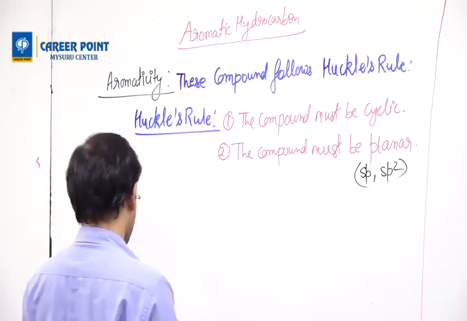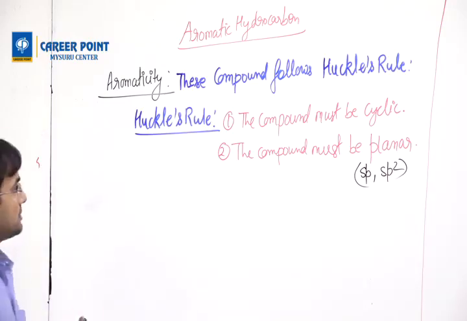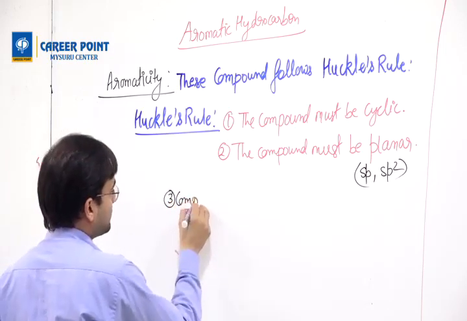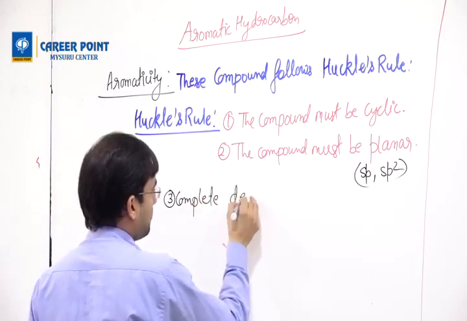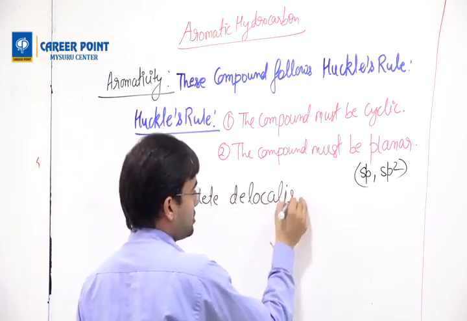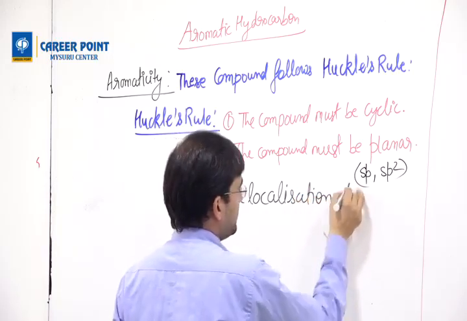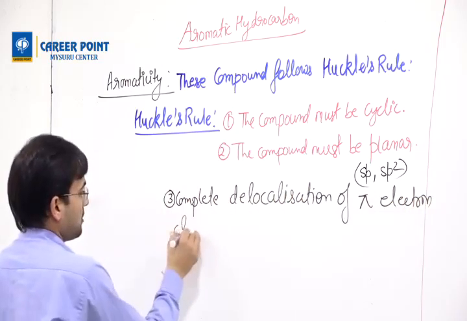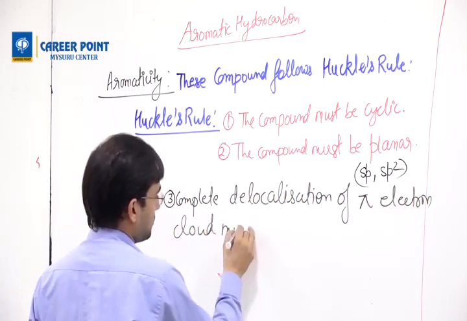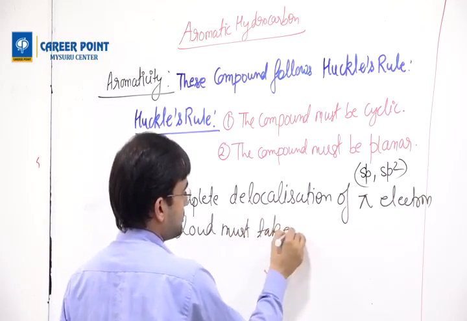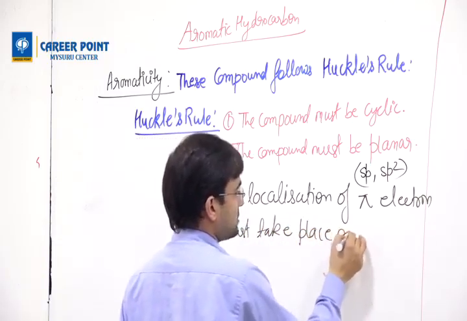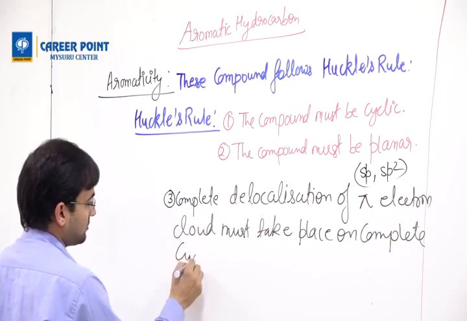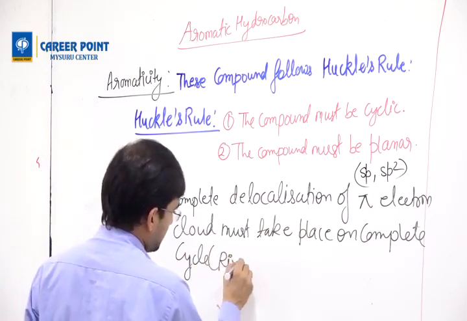The third point here is complete delocalization of pi electron cloud must take place on the complete cycle or ring.